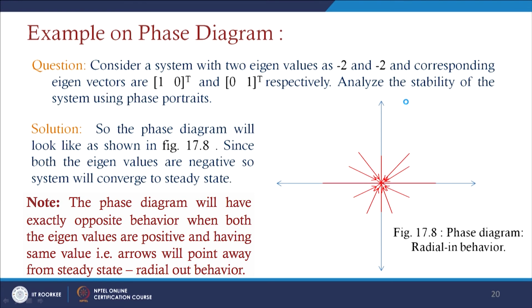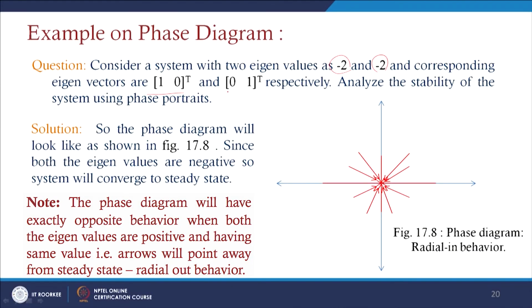If you go for further analysis, consider a system with two negative eigenvalues, suppose minus 2 and minus 2, with eigenvectors 1 0 and 0 1.